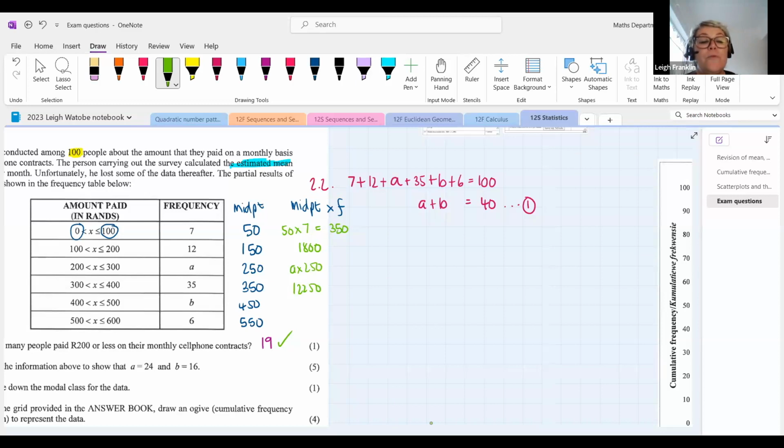Then we've got 450 times B, so B times 450. And then the last one is 550 times 6, which gives us 3,300.